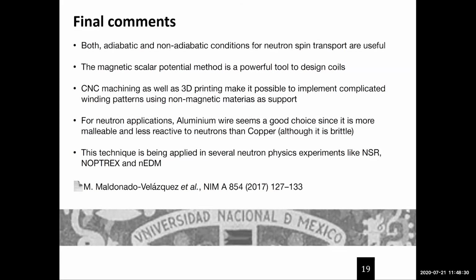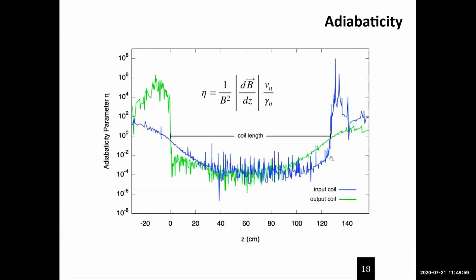But for ultra cold neutrons, I haven't had experience yet, but I imagine that it would be even easier to achieve adiabaticity, because the lower the neutron velocity, the lower the adiabatic parameter.